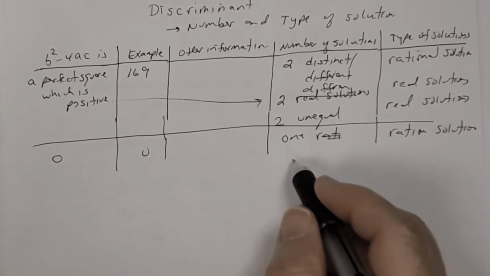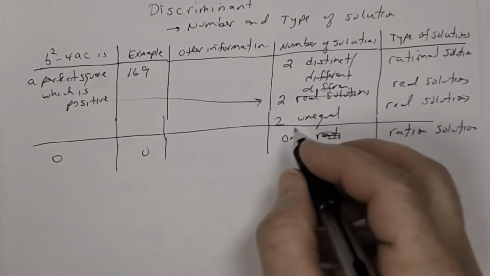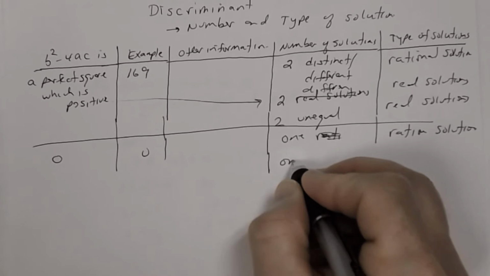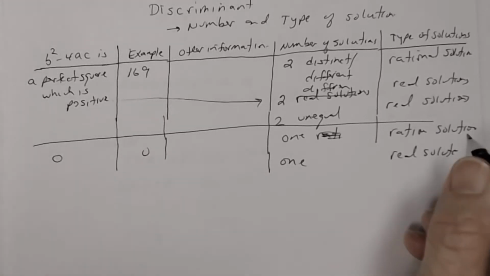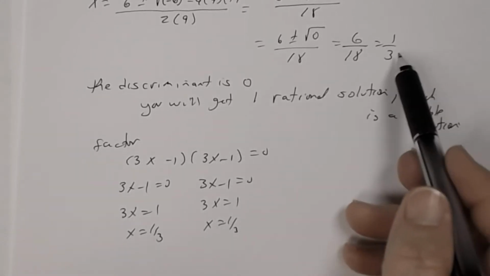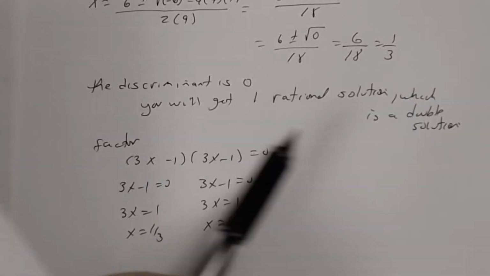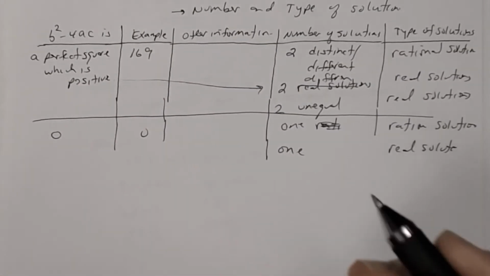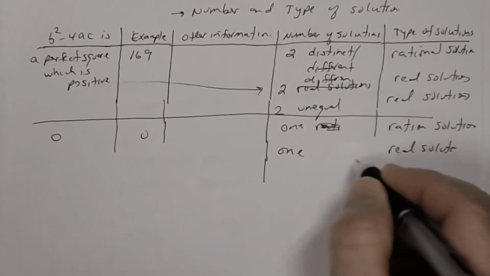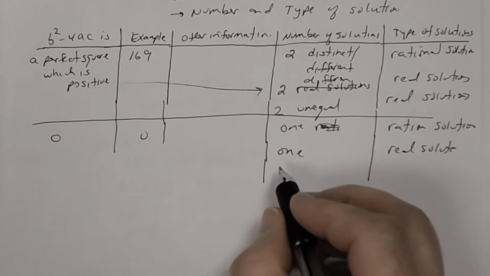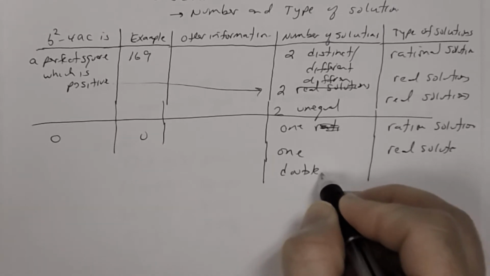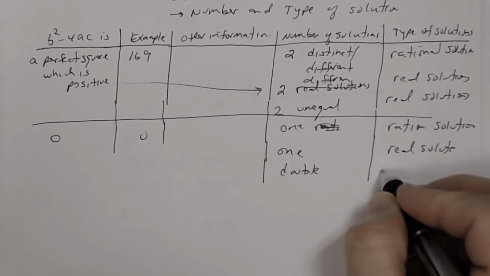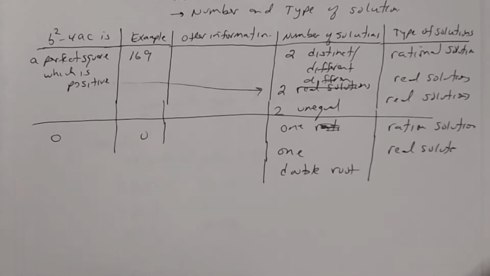Okay? Another thing you can hear is this. You're going to end up with one real solution. You'll agree that this is a real number, right? Okay. So you get one real solution. Something else you may see for that one is this. You're going to get a double root. You may hear that phrase, a double root.